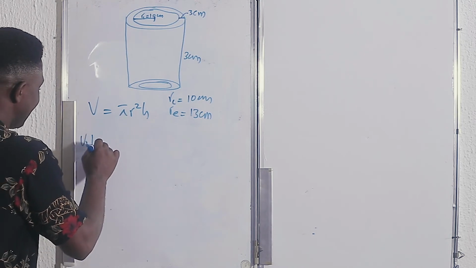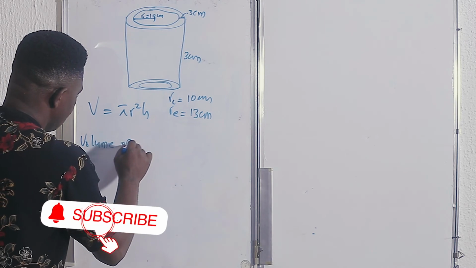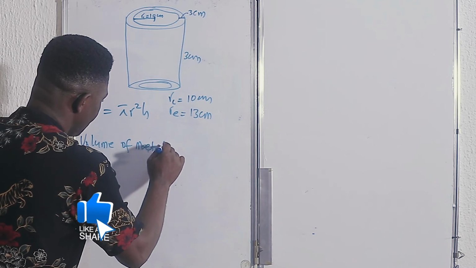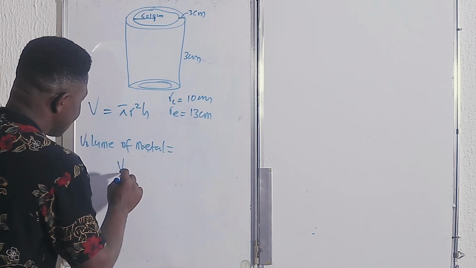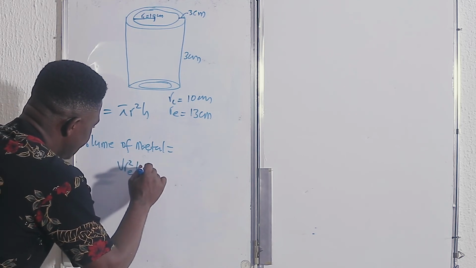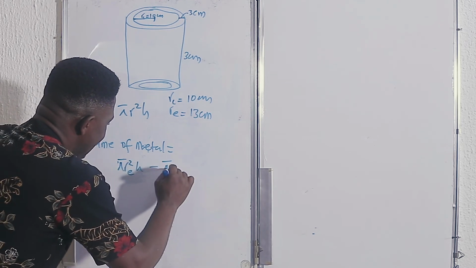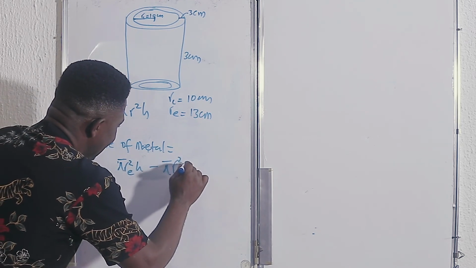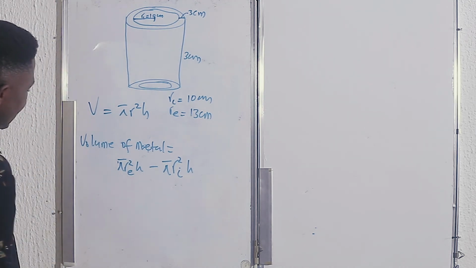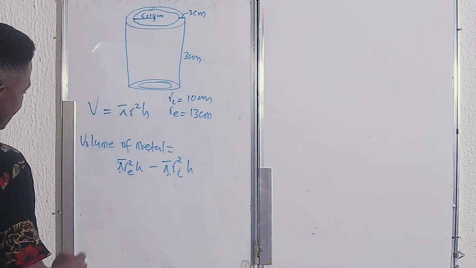Volume of metal is equal to the volume of the external cylinder, which is pi R squared H, minus pi r squared H. Pi is the same, it's a constant.